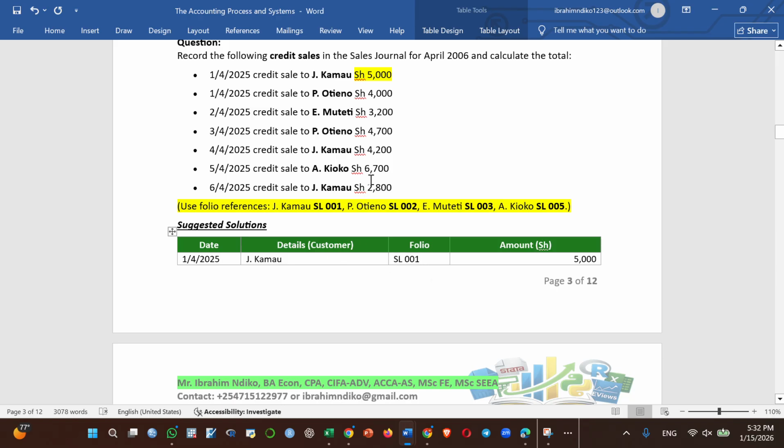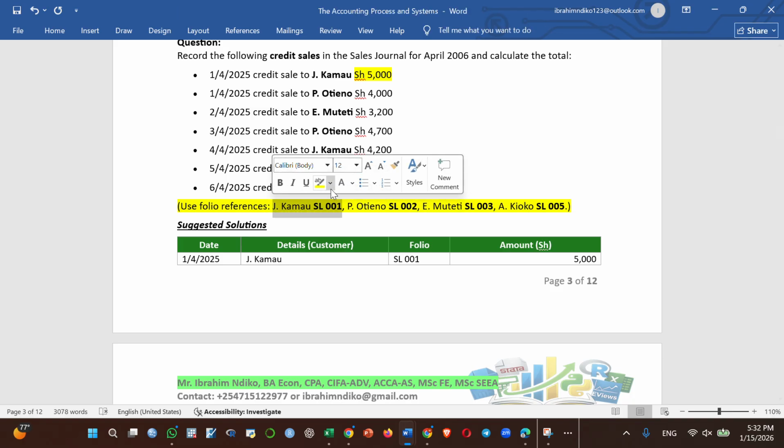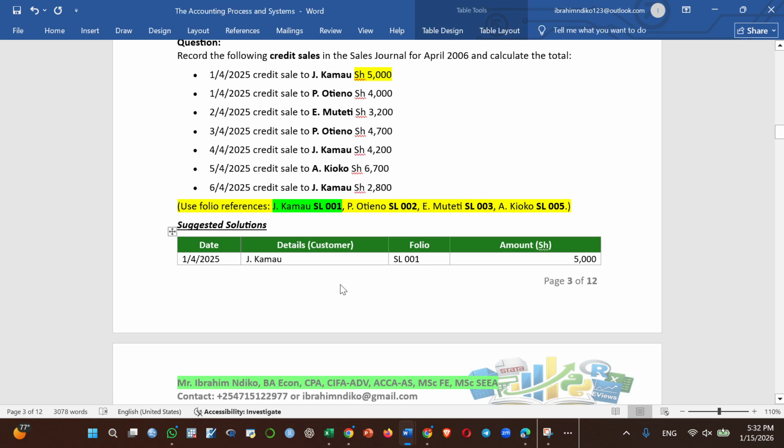Then we put the folio number. We have been told here, before the suggested solution, that the folio number is SL001.